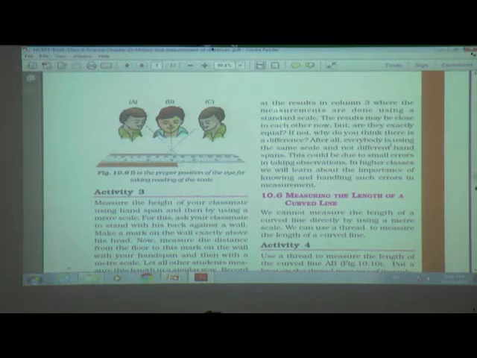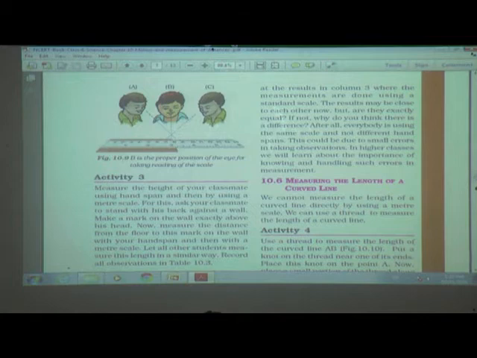After all, everybody is using the same scale and not different hand spans. Then also there is a difference. Why? This could be due to small errors in taking observations. In higher classes, we will learn about the importance of knowing and handling such errors in measurement.